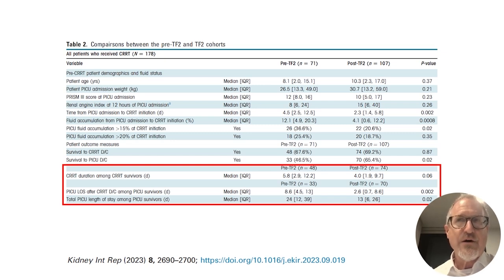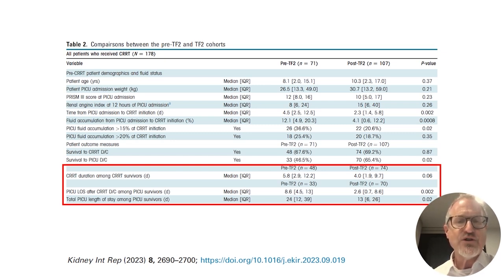My thought about this is that if you start CRT earlier at lower degrees of fluid overload in patients who need it, then they're going to be on CRT for fewer days, and likely they are going to be extubated sooner and not have the sequelae of massive fluid accumulation.